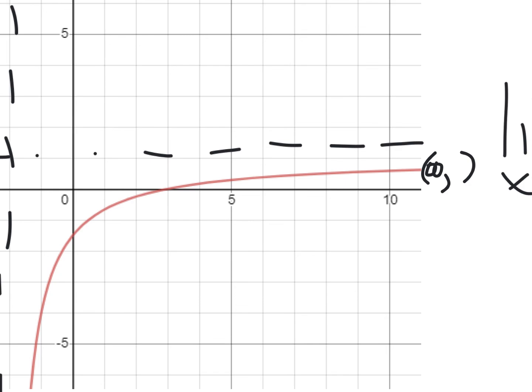If I went forever, wouldn't that x value become infinity? Yeah. Would it rise forever, though? No, it would rise till it theoretically hit the asymptote, because it's going to get infinitely close to the asymptote, so we always say approaches. It approaches 1. So now I can write my limit for that.